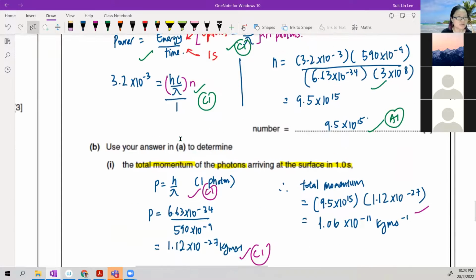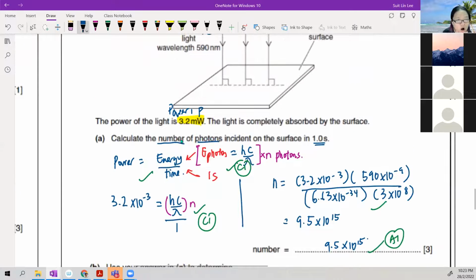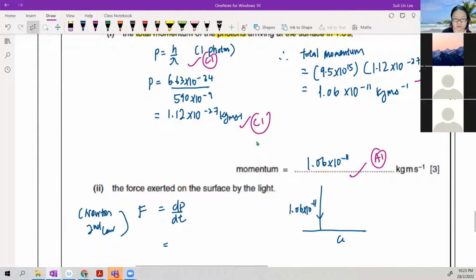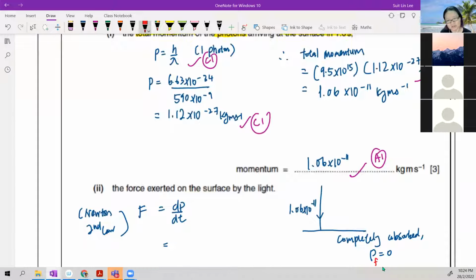And then it says in this question here, it is completely absorbed. That means the momentum will finally be 0. So this is final, this is initial. So the change in momentum is 1.06 times 10 to the power negative 11.